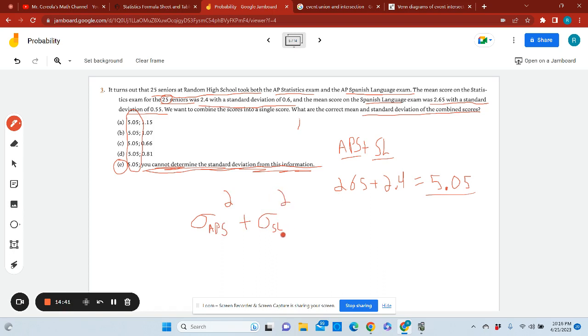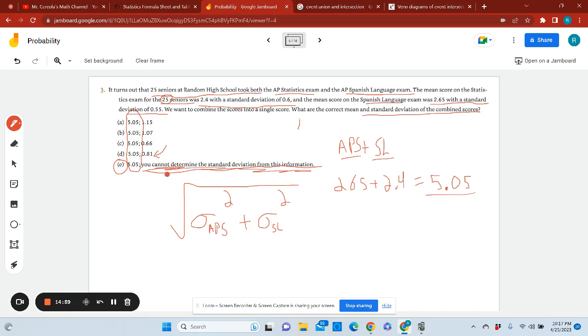I also have to square that. Remember, I can't add standard deviations, but I can add variances. And if I take the square root, I turn them back into a usable standard deviation. I think if you actually try to do it for this question, you get 0.81.